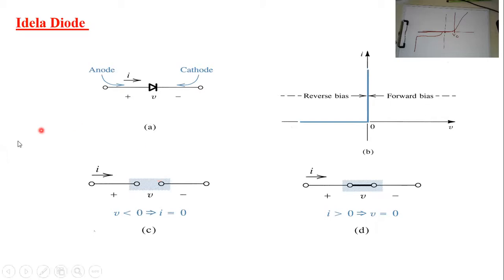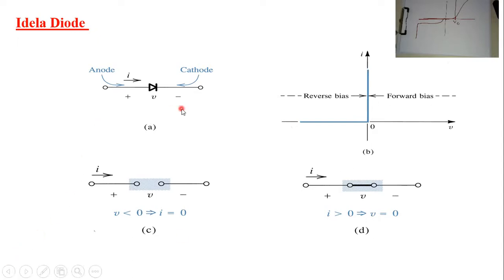In the reverse condition, the diode will be treated as an open circuit. In a forward condition, the diode will be treated as a short circuit. And that's all. It's a very direct and very simple way of modeling an electrical diode.